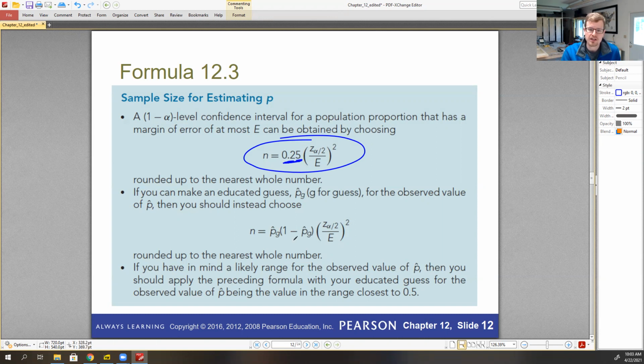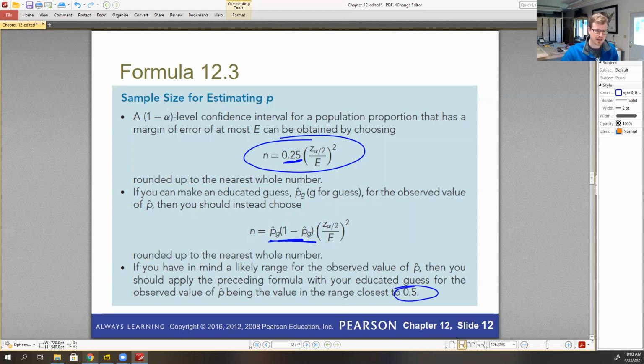Or if we have a really good guess what p hat is supposed to be, a guess, p sub g, then you can use that value. And if you have a range of values in mind, you simply choose the one that's closest to 1/2, which would be the one that's giving you the largest possible value out front there.